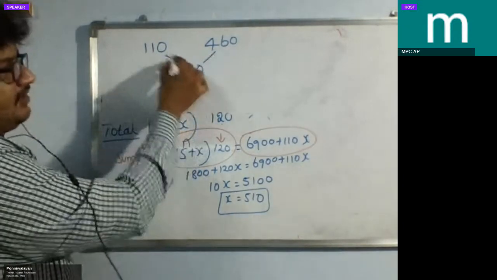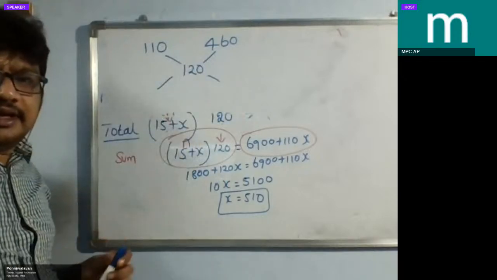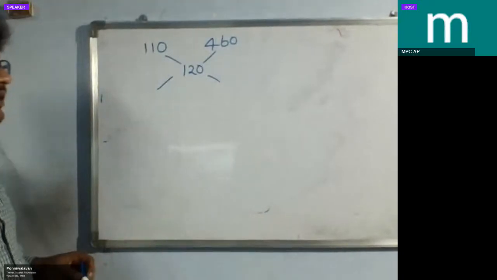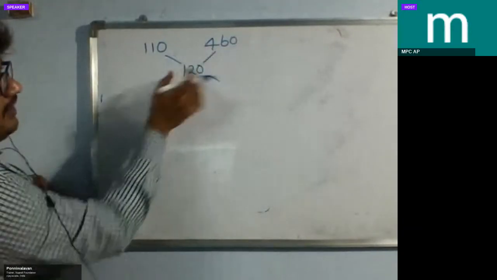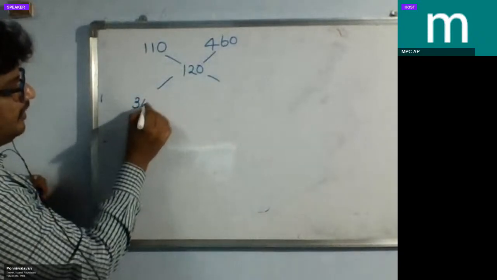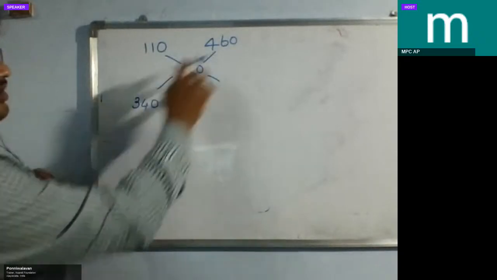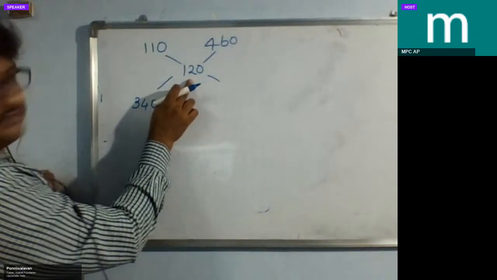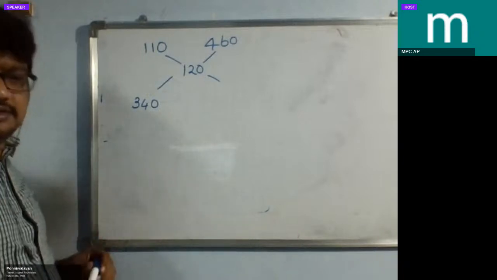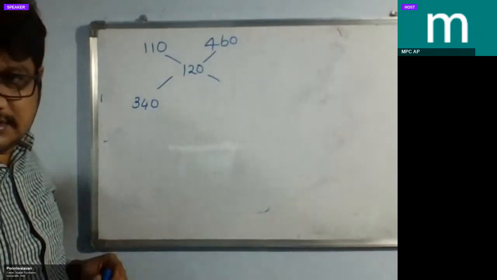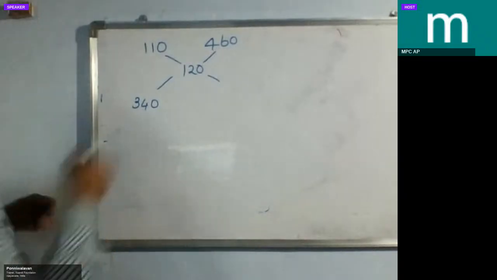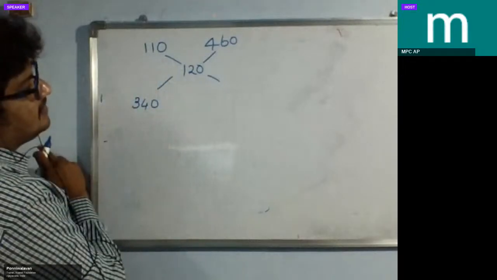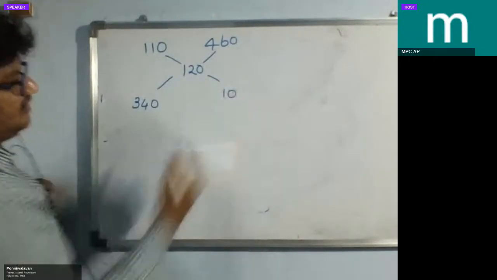Yesterday we did this method. Do you remember? 460 minus 120 is 340. 120 minus 110 is 10.